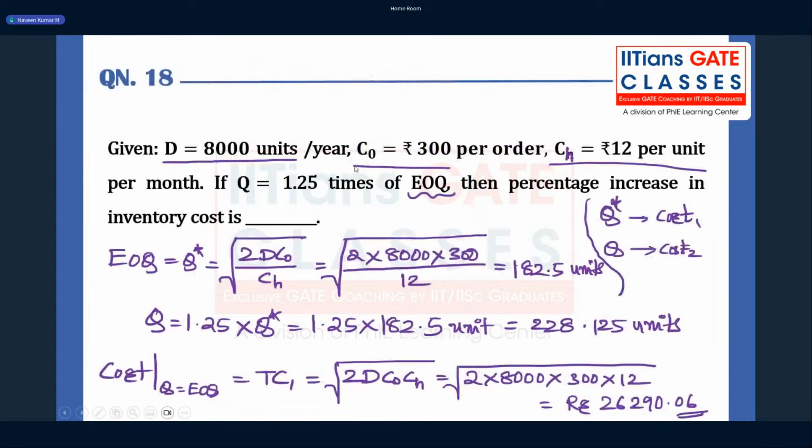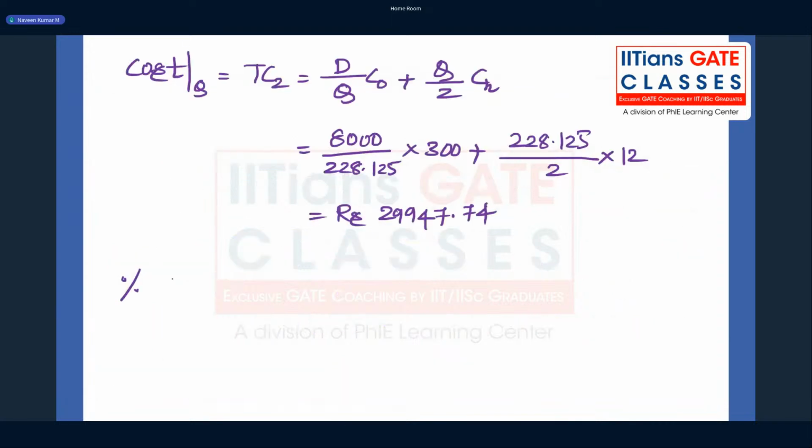So what is the percentage? What is it saying? Percentage increase in inventory cost. One minute, I think I made some calculation mistake. Did I make the calculations right? Hopefully, yes.